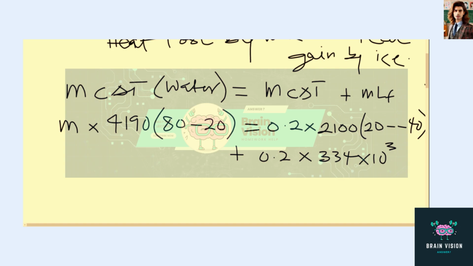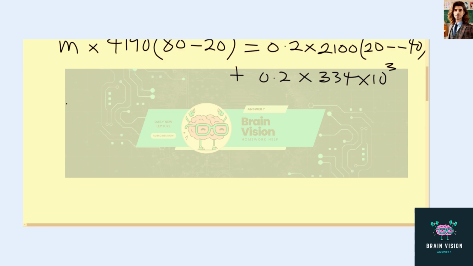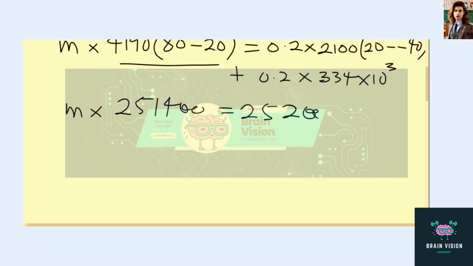When we evaluate this, we get 251,400 m is equal to 25,200 plus 66,800.